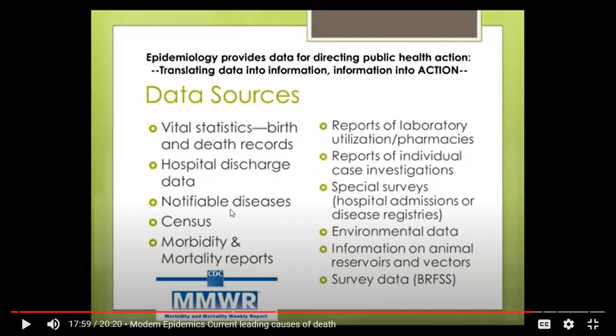Basically, if anybody asks you what are the data sources in epidemiology, these are examples of sources of secondary data that are commonly used in epidemiology. All of these are secondary data.